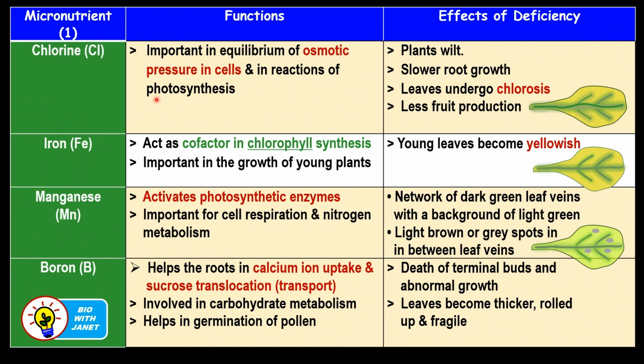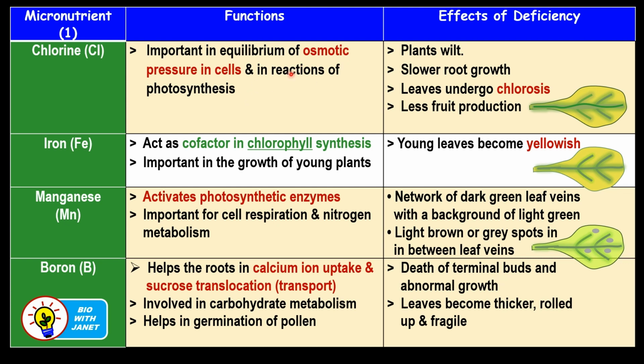Now let's discuss the functions and effects of deficiency of the micronutrients. So micronutrients are needed in smaller quantities compared to the macronutrients, and they are less important than the macronutrients, all right? But you still have to know some of the important functions and effects of deficiency, starting with chlorine. So chlorine is important in equilibrium of osmotic pressure in cells and in reactions of photosynthesis, right?